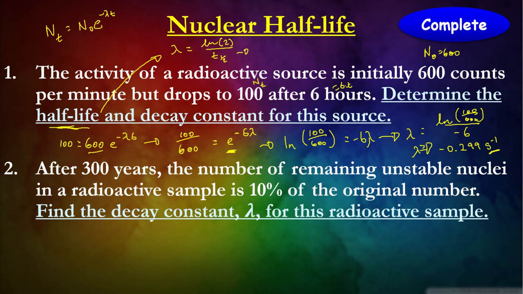So if I want to find the half-life, let's just rearrange everything over. So log 2 divided by negative 0.299.